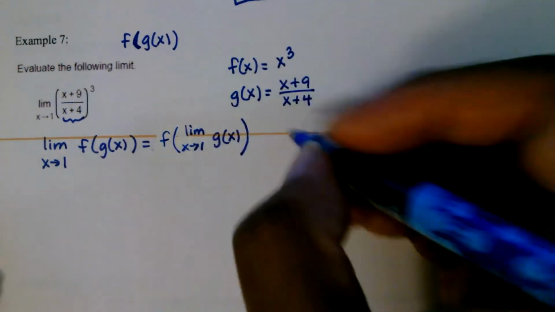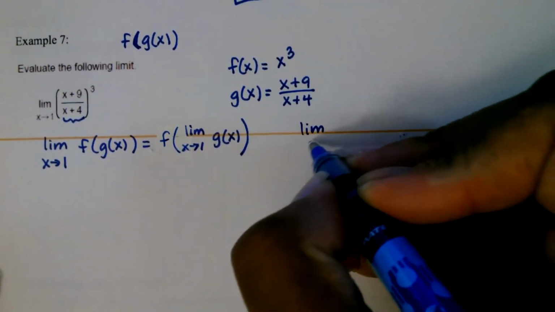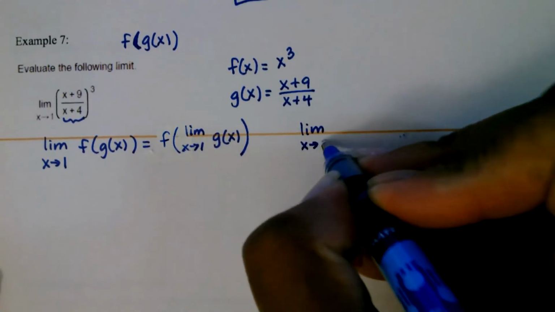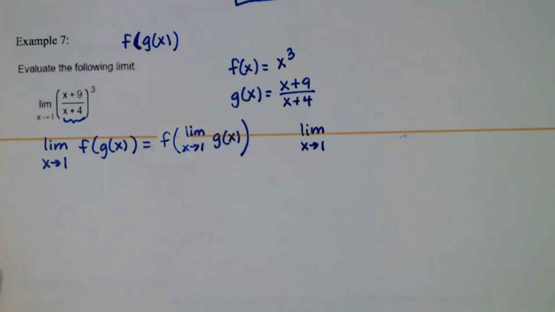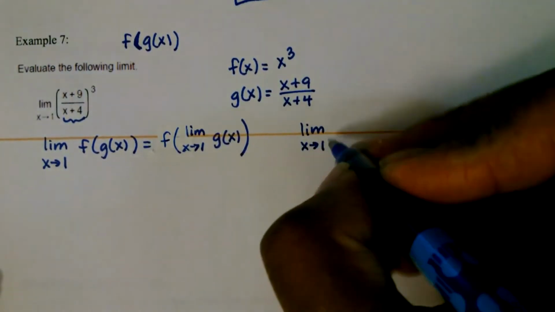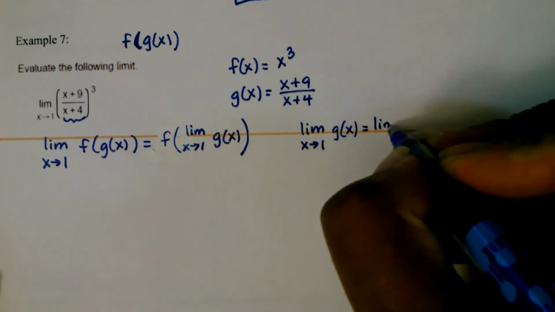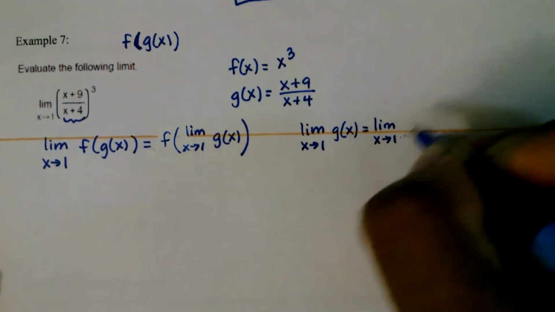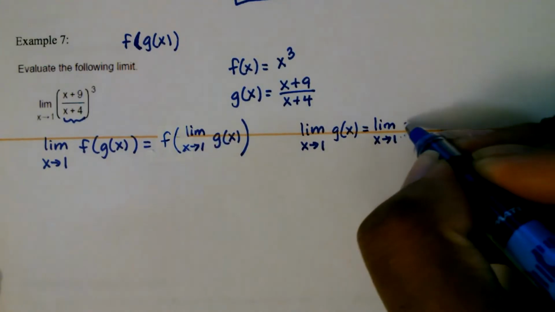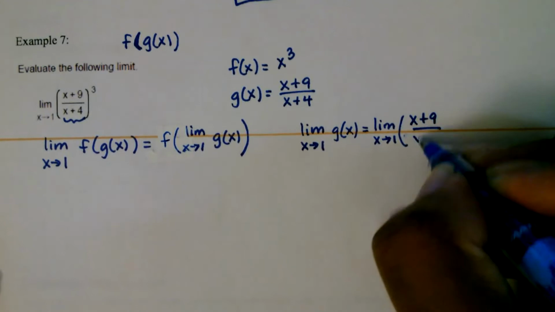All right. So now let's go ahead and try to take the limit of g of x as x approaches 1. That's x plus 9 over x plus 4.